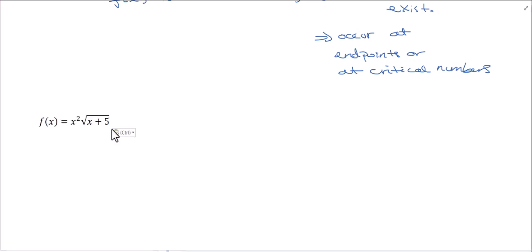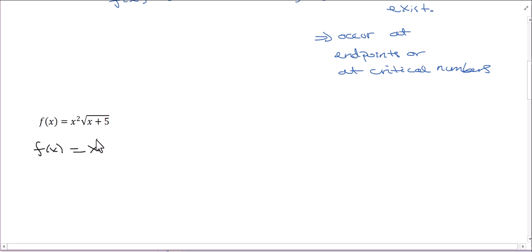So here is our function. Let me rewrite it so that we can take the derivative. So this is x squared times x plus 5 to the 1/2. Because I have the times there, that means that I need to use the product rule when I take the derivative.